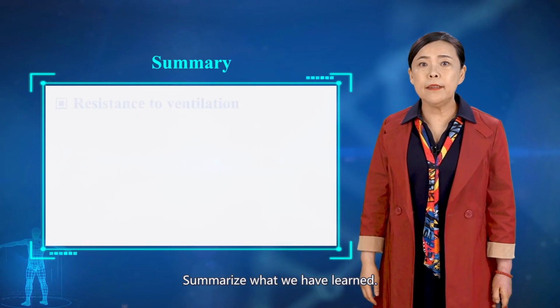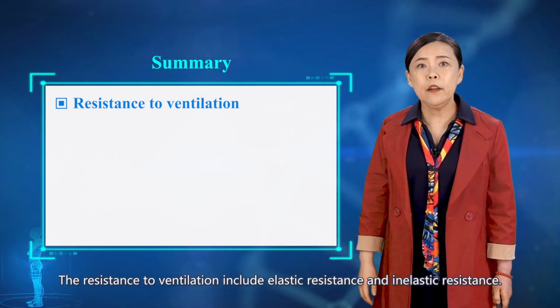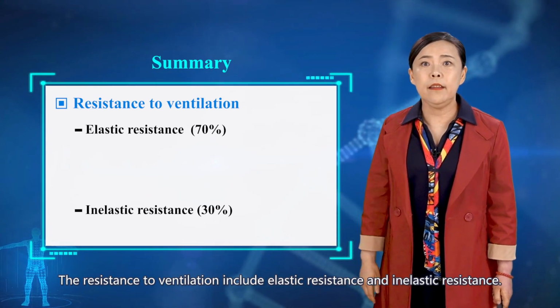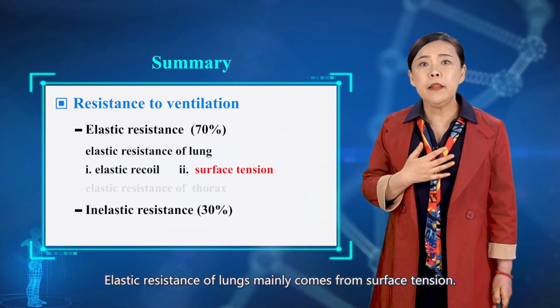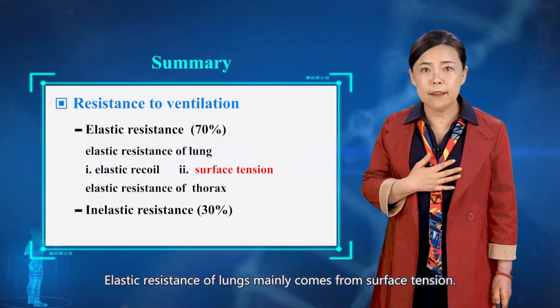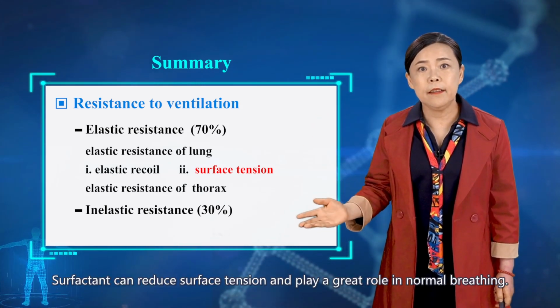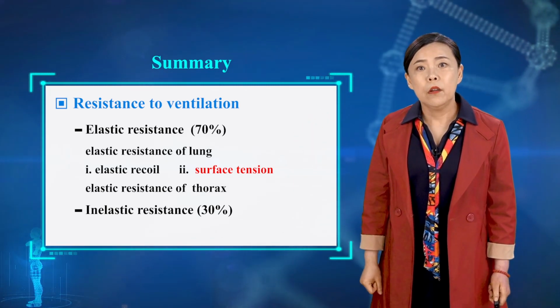Next, let's do a summary. The resistance to ventilation includes elastic resistance and inelastic resistance. Elastic resistance of lungs mainly comes from surface tension. Surfactant can reduce surface tension and plays a great role in normal breath.